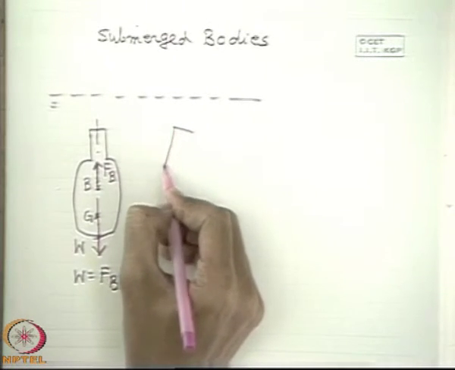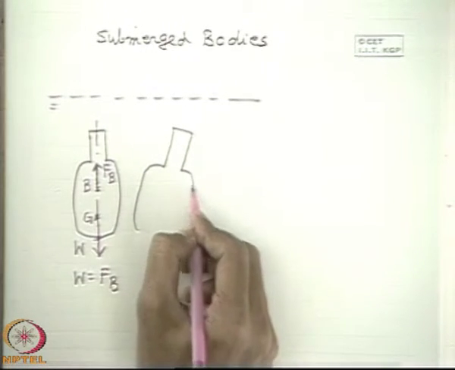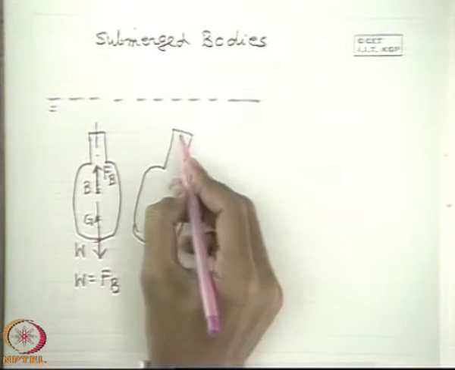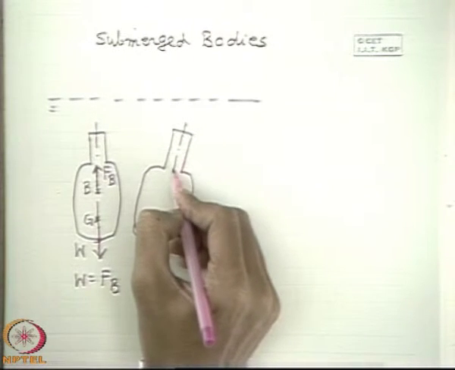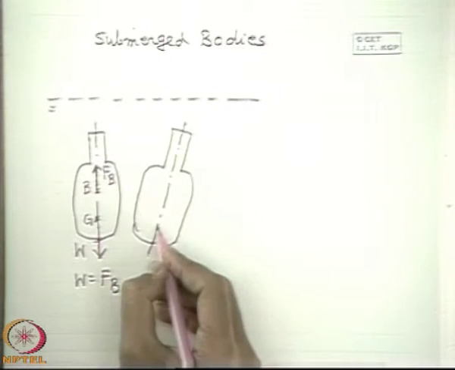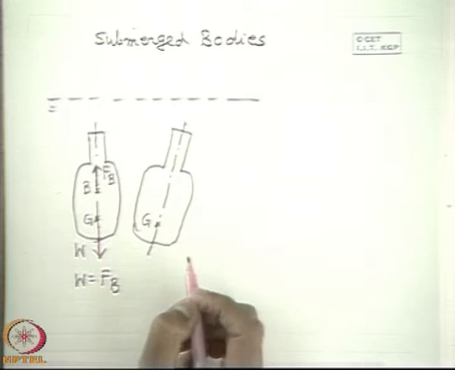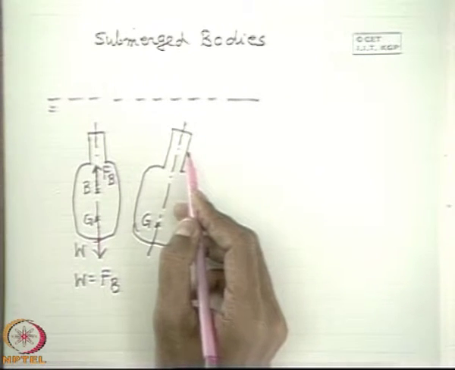Now in this tilted condition, let us see the body. This is the axis of symmetry or the original vertical axis, whatever you can call it. Now the center of gravity with respect to the body is unchanged. This is of course not true for all cases. I will explain afterwards.